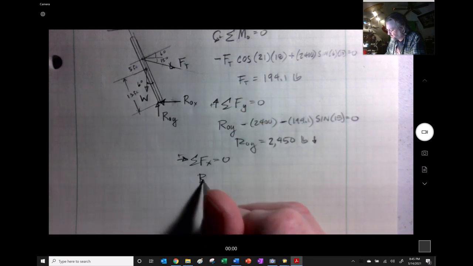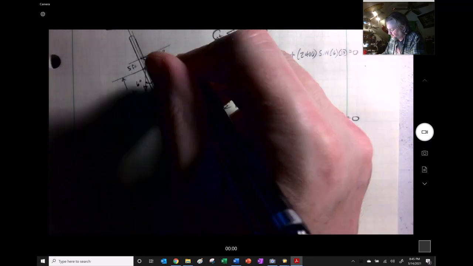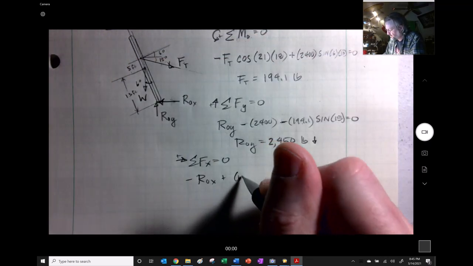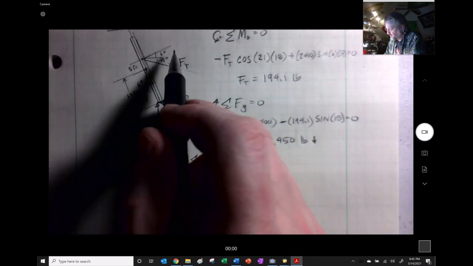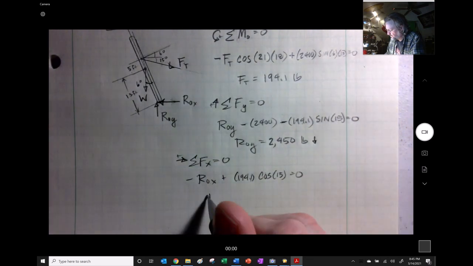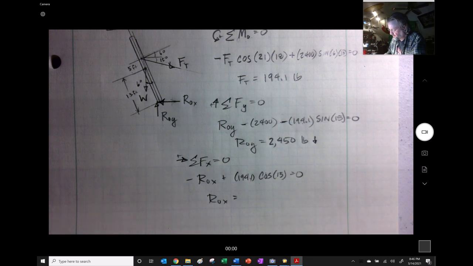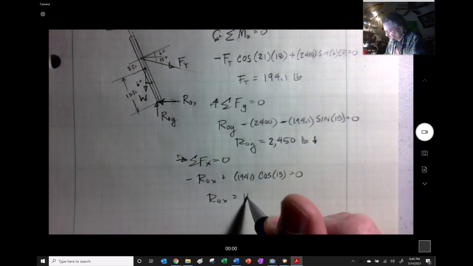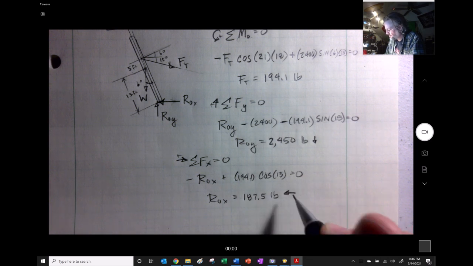All we got is ROX, he's in a negative direction, plus my FT, which is 194.1, and that's going to be the cosine of 15 degrees. So we got our ROX, and we write 194.1, 15 times cos, there you go, cosine, we get 187.5 pounds, and so the reaction's right there.